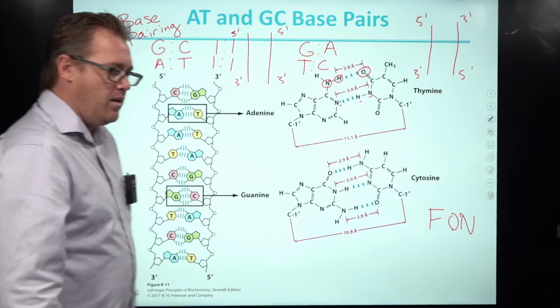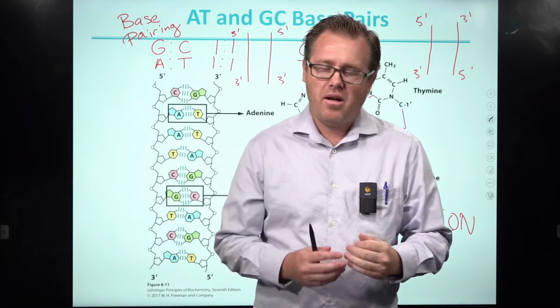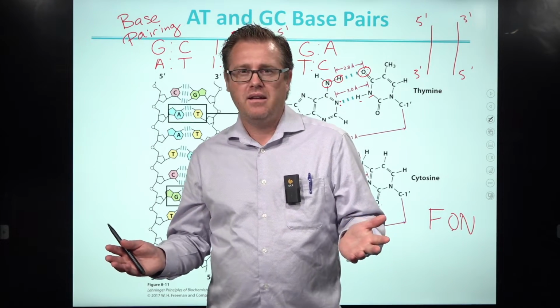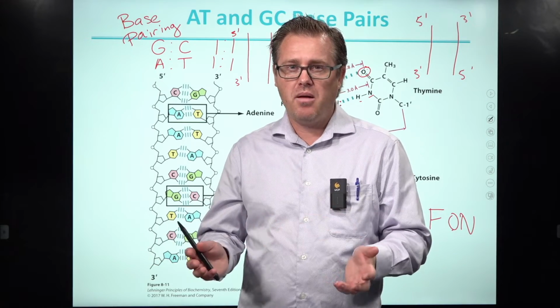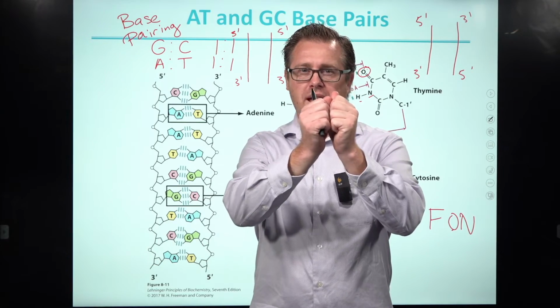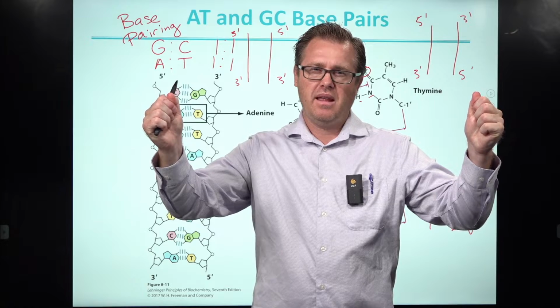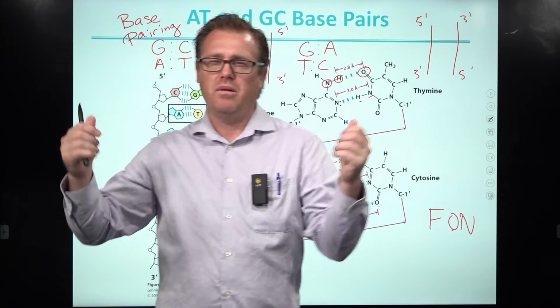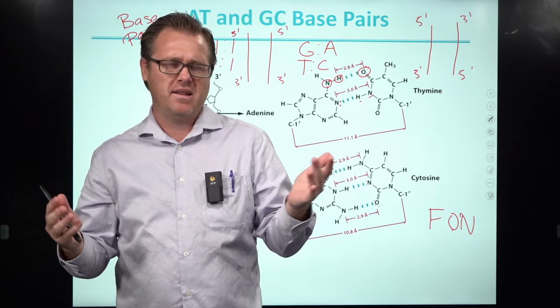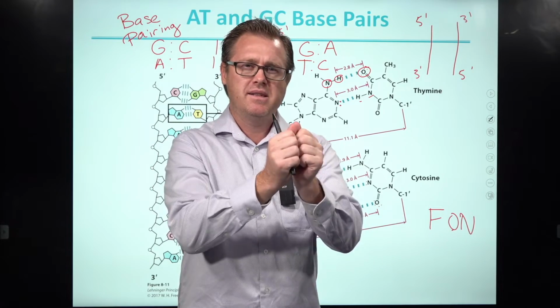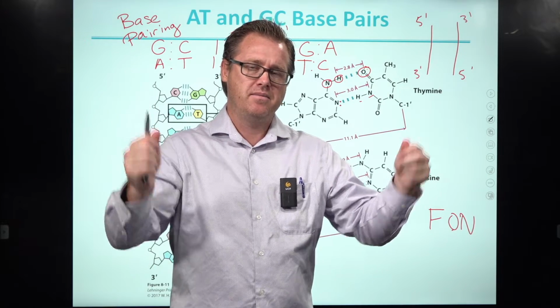And so when I talk about melting DNA, we can heat it up and take those 2 strands and separate them. And that's what's happening when I say, what is the melting temperature of DNA? Separating those 2 strands.